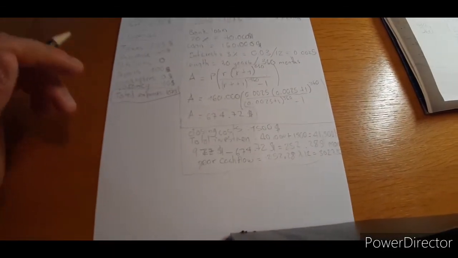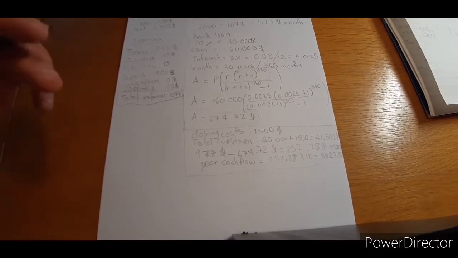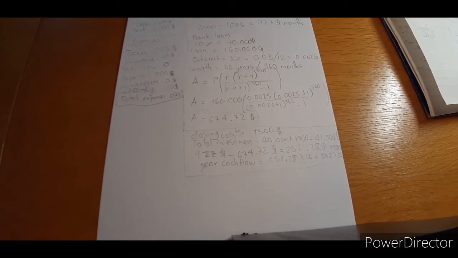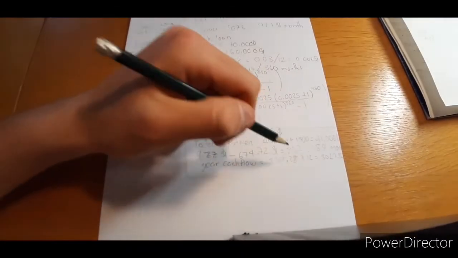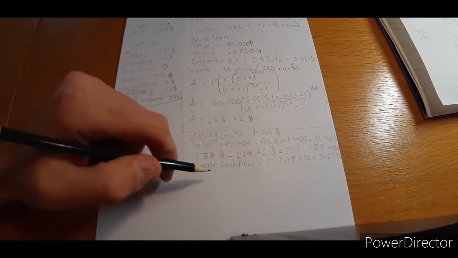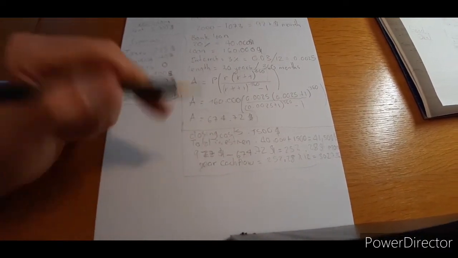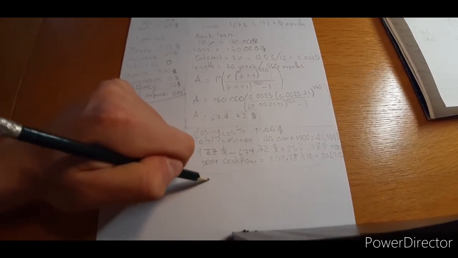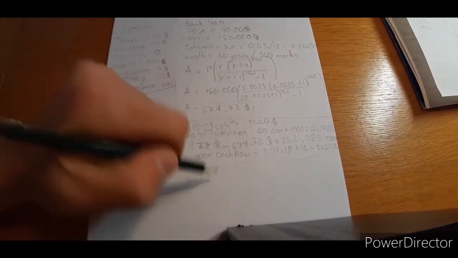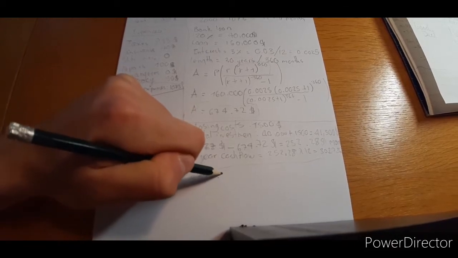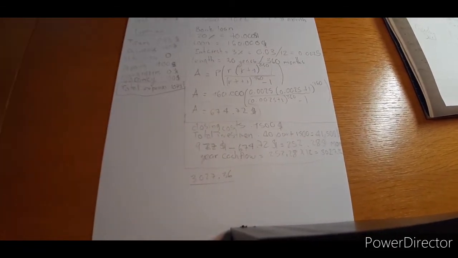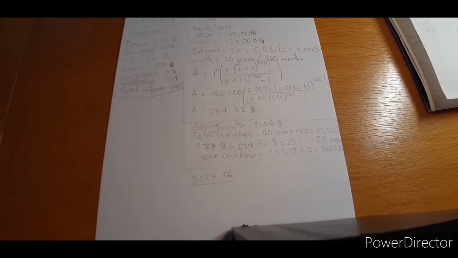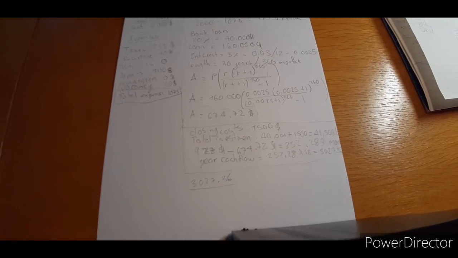So after your year cash flow is calculated, then you will need to know the cash on cash return you're getting from the deal. So you got the $3,027.36 that you're getting each year, and then you're going to divide that by the total investment, which is all the money you put into the deal.